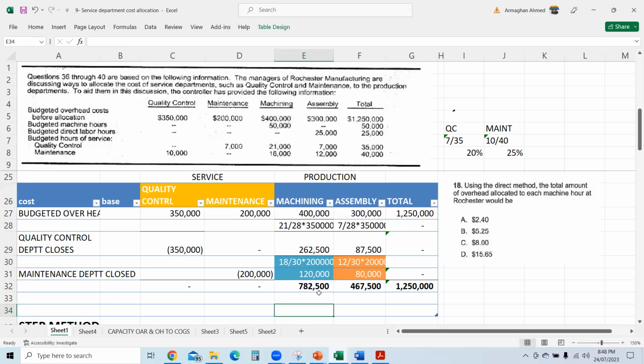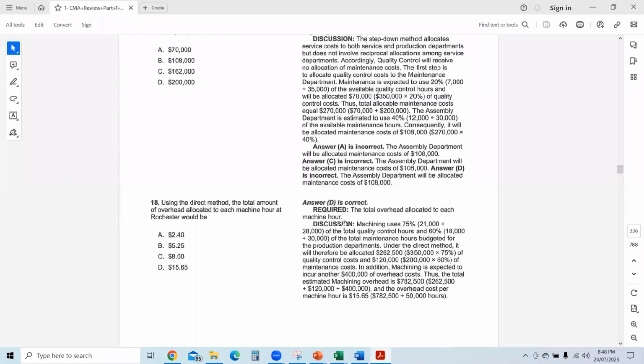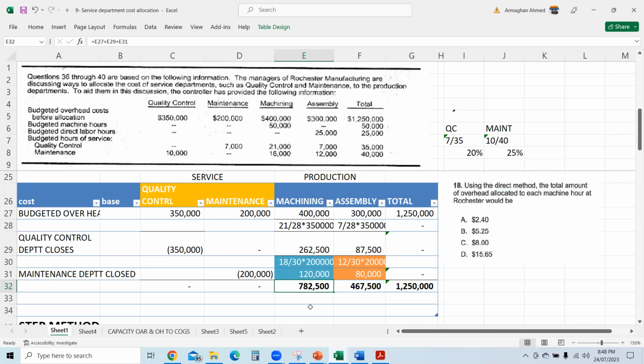Total is 782,500. If we divide by 50,000, what will we get? 15.65.